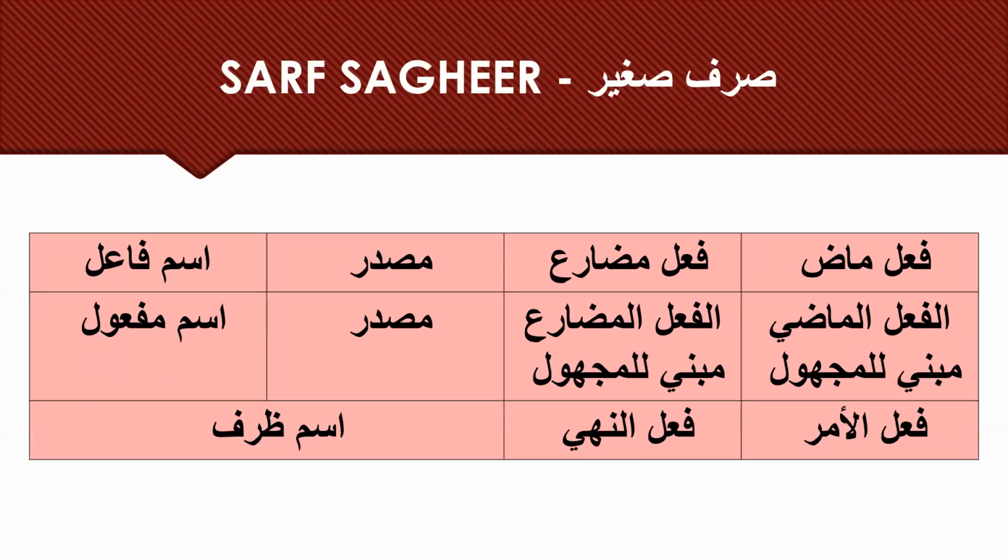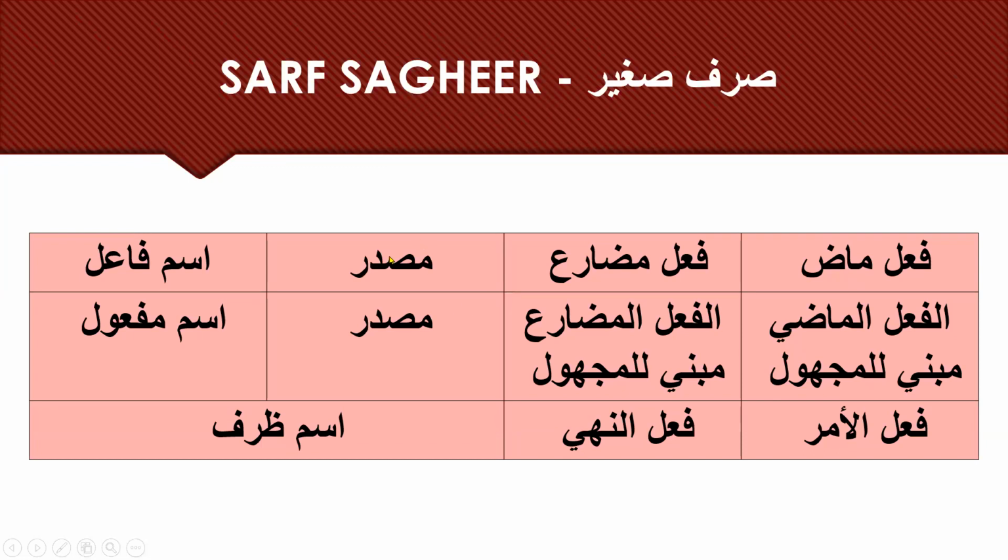So let's see, as I already showed you the template that we are going to use. Here you can see the first word is fi'l madi, and I told you mostly there are six fi'l and four nouns. See this: 1, 2, 3, 4, 5, and 6. Here are our six af'al, right?